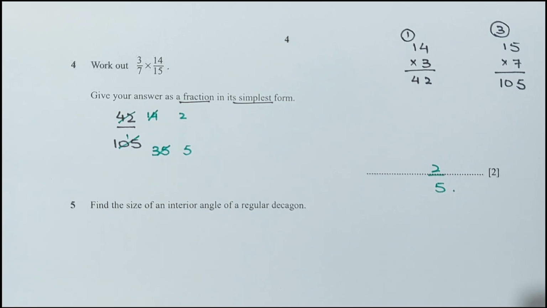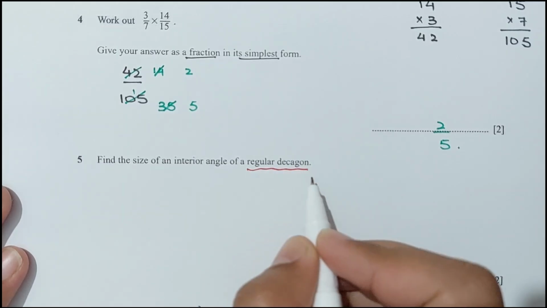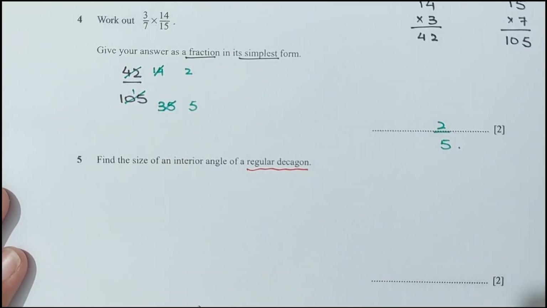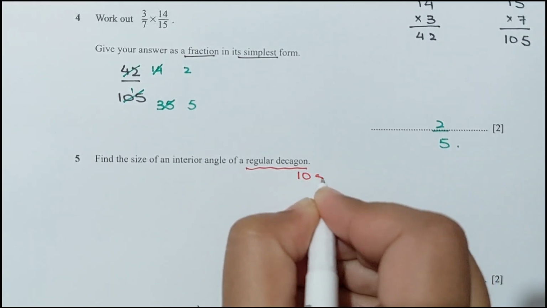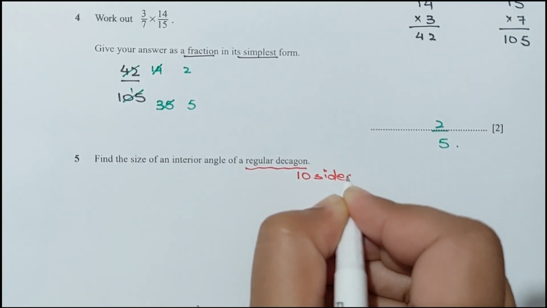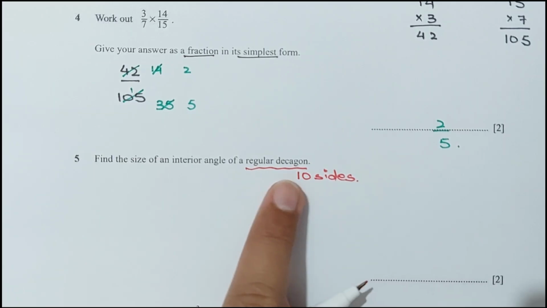Now for question number 5, find the size of an interior angle of a regular decagon. First we have to find the number of sides of a decagon. As we know, a decagon has 10 sides, so you must remember the number of sides of some regular polygons, right? Then this question is easy to understand.